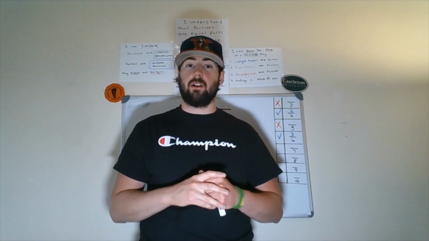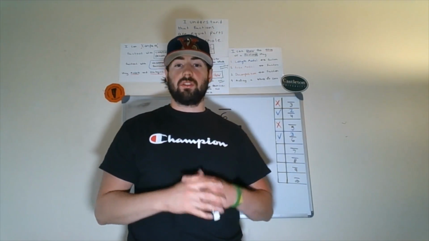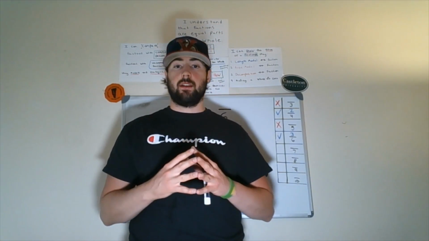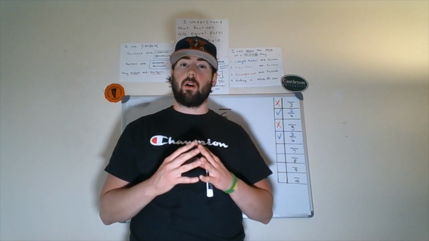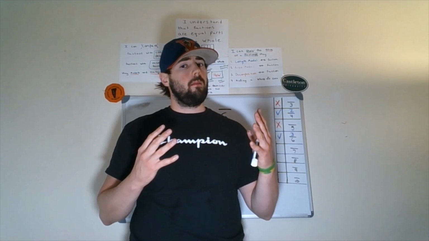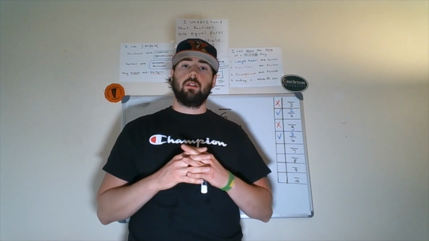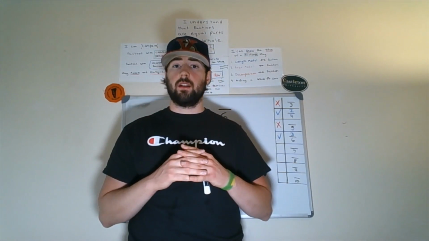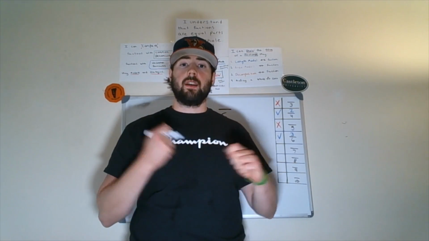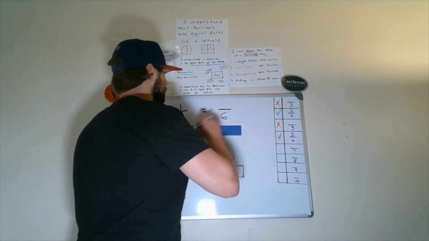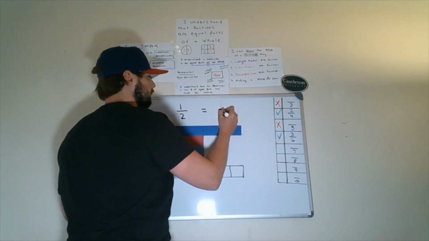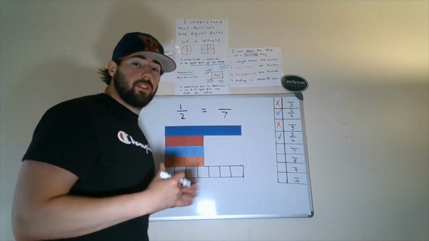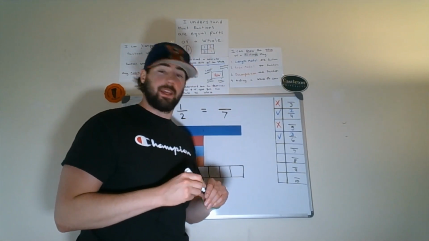Let's take a look now at those sevenths. 7 parts that make that whole. Are there any parts of 7 parts to make the whole that is equivalent to 1/2? So, looking at those sevenths. Again, did not have any magnet strips to help me out.